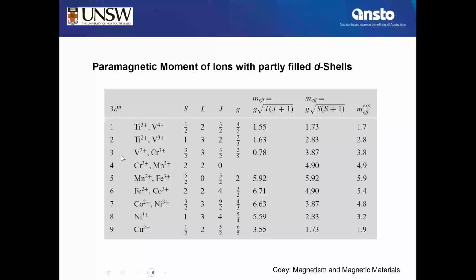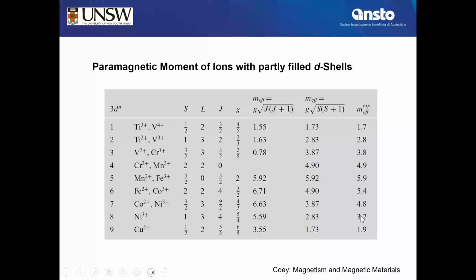Here, the same table, but now we have added examples, like copper 2+, titanium or manganese. You see total spin is 2 here. For copper, total spin is 1/2. With the other quantum numbers, L and J, if we calculate the effective magnetic moment, we get values up to 5.9.